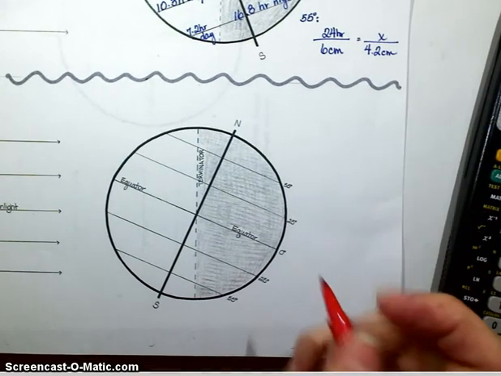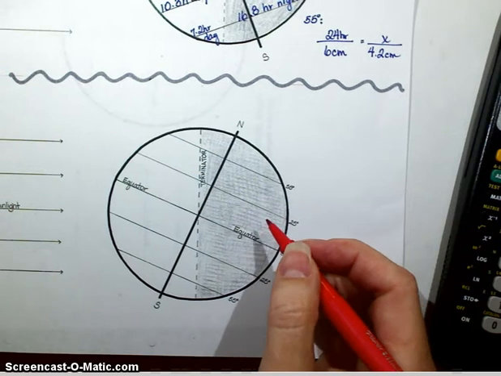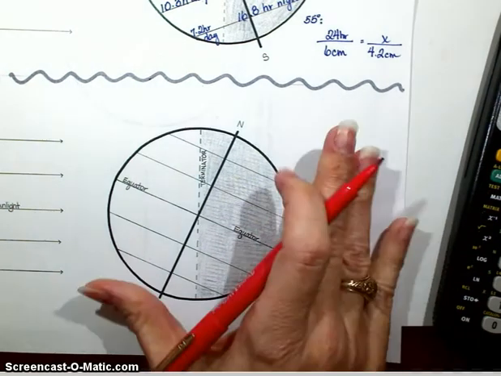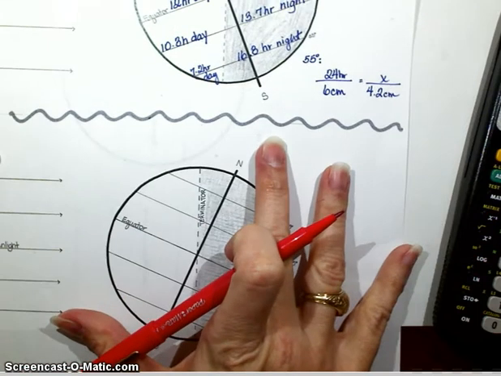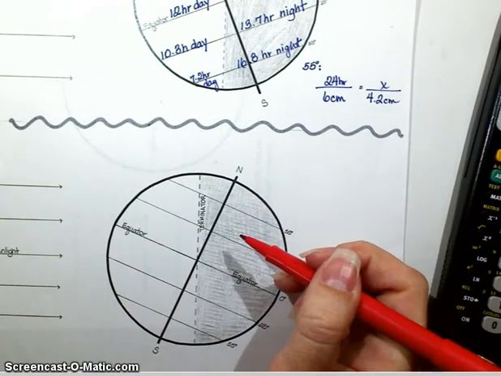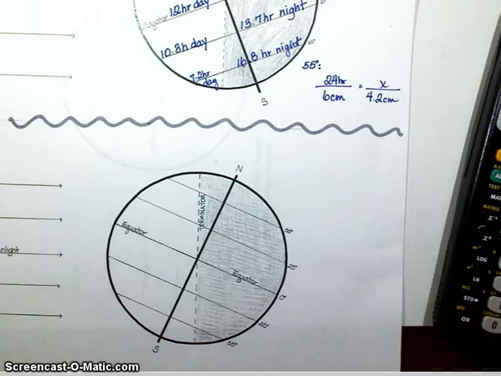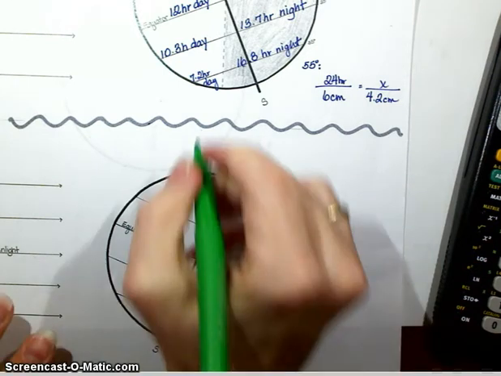What would you expect here? They're pretty much all opposite of what you had up at the top. So now this is winter in the northern hemisphere.